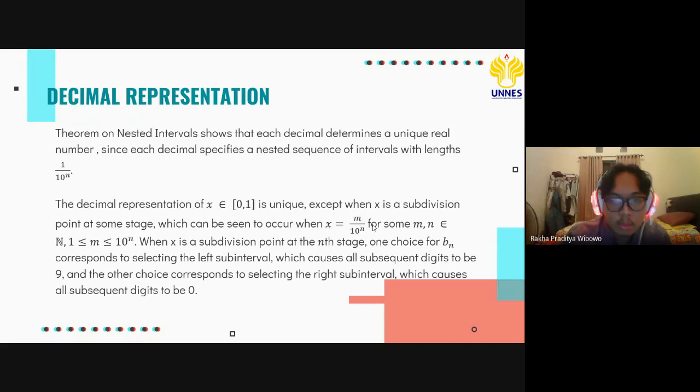When x is a subdivision point at the nth stage, one choice for bn corresponds to selecting the left subinterval, which causes all subsequent digits to be 9, and the other choice corresponds to selecting the right subinterval, which causes all subsequent digits to be 0.